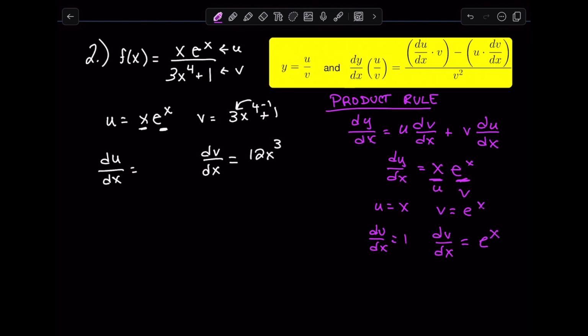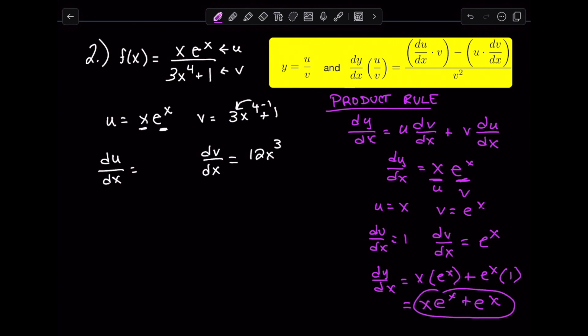And then all together, we plug that in and find that dy dx equals x times dv dx plus v times du dx, which simplifies down to x e to the x plus e to the x. And then we plug this in up here. So it's kind of a derivative inside a derivative here.